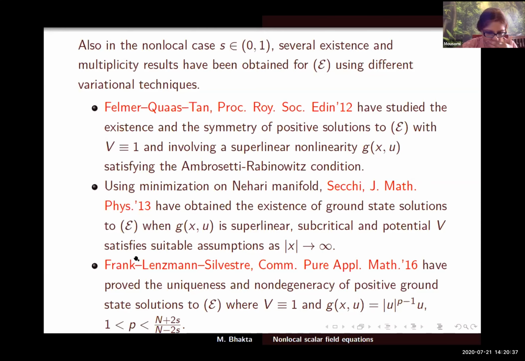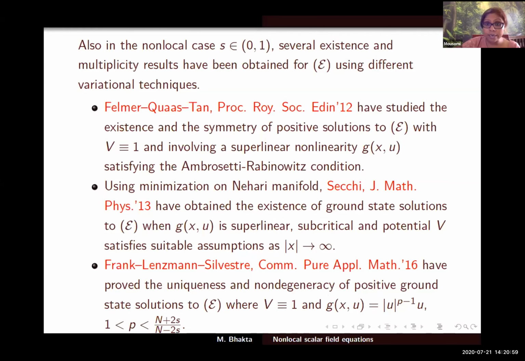So there was one paper which I forgot to mention in this direction, where Frank and Lenzmann, I think in 2014 in Acta Mathematica, studied the same equation in dimension 1 and proved the uniqueness and non-degeneracy. And later, in this paper, they generalized this to the higher dimensional case, uniqueness and non-degeneracy of the positive solution.